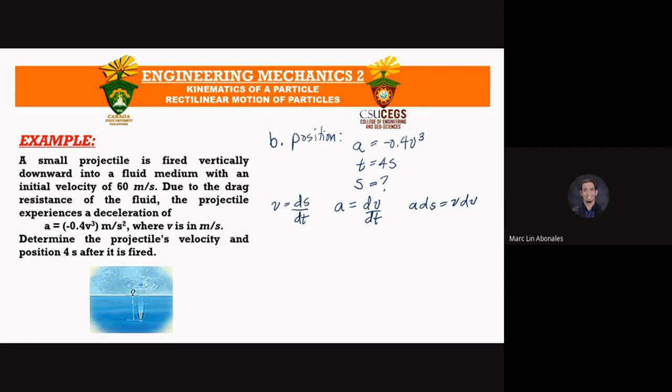Since it is S and T, and since V is needed, what we do is... wait. No, we still cannot use the first one because there is no equivalent for V, even though you rearrange it, A is equal to negative 0.4 V cube.